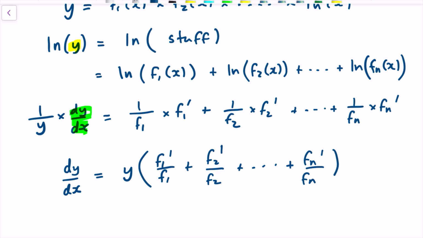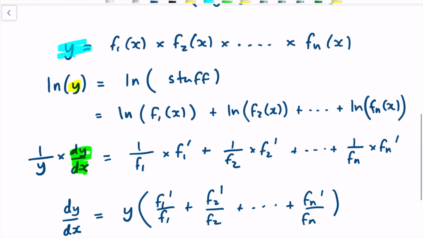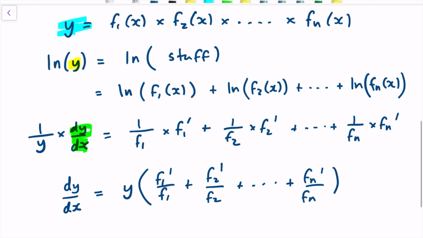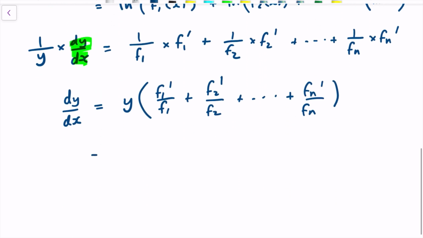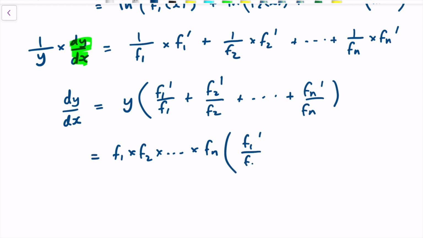And of course y was just the thing we started off with, so if I wanted to substitute that back in, I could just write f1 times f2 times all the way up to fn times the same thing again.